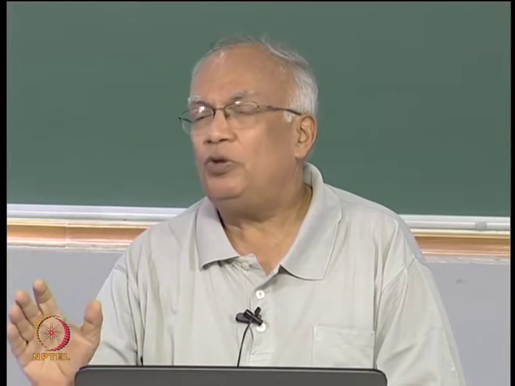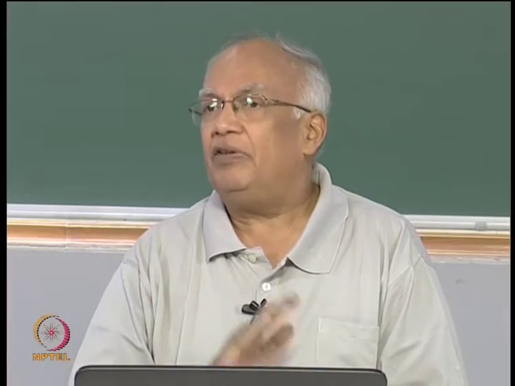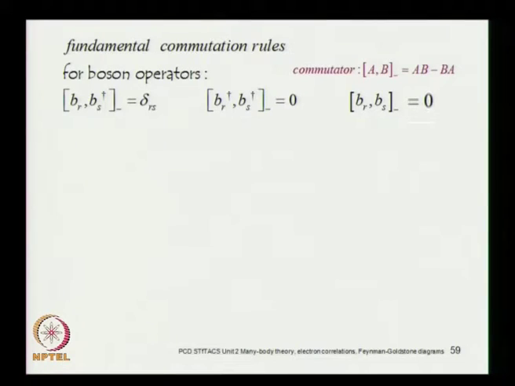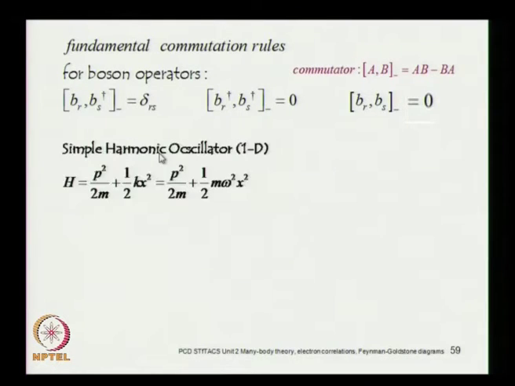As opposed to putting the statistics in the symmetry of the wave function, we now put it in the properties of the operators and how these operators commute. With regard to the creation operators B dagger and the destruction operators B, you have got these fundamental commutation rules, and these contain all information about the statistics of the many body system. So these are the fundamental commutation relations for the boson operators.